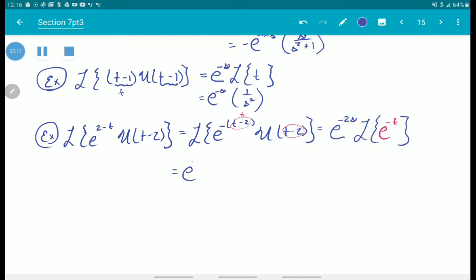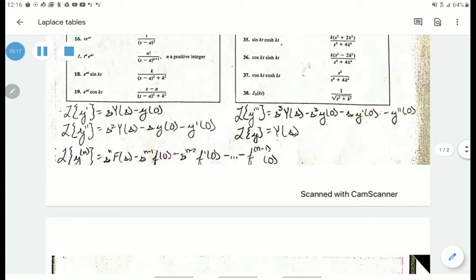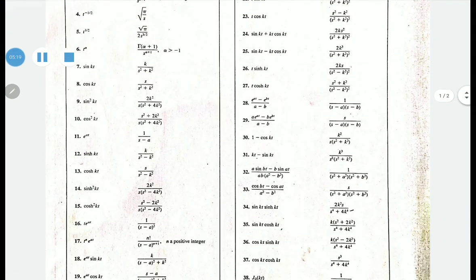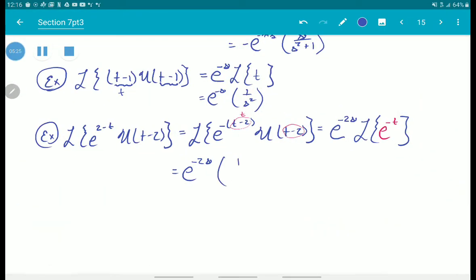So we have e to the negative 2s, and the Laplace of e to the negative t, going back to our sheet, would be 1 over s minus negative 1. So final answer would be that.